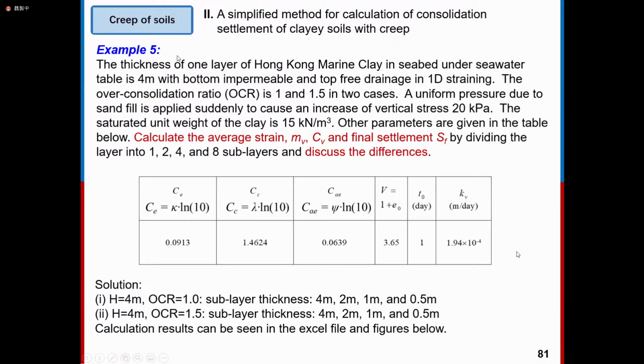Here is example 5. Okay, we have 3 minutes for you to go through the question first.